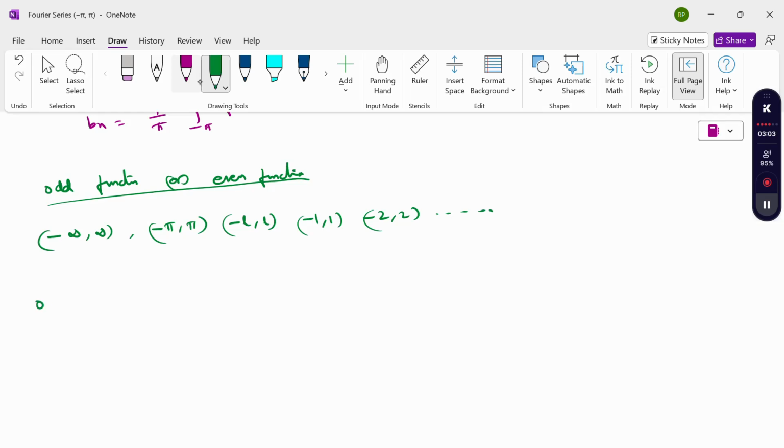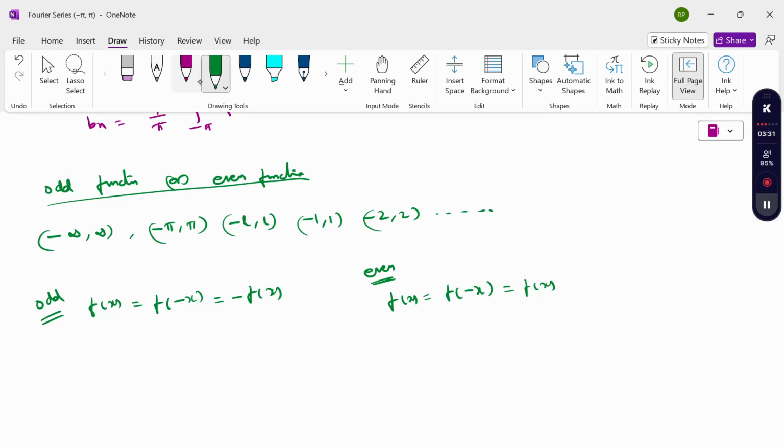An odd function is one where replacing x with minus x gives minus f of x. An even function is one where replacing x with minus x gives f of x again. So when the function f of x is given, we test whether it is odd or even.